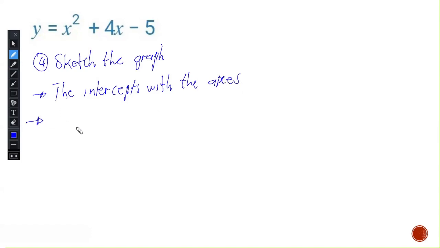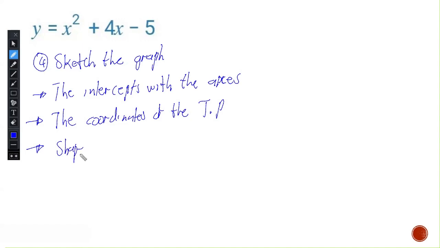They will also say you must show the coordinates of the turning point, and you must also know the shape. These are the things that are very necessary when sketching the graph: the intercepts with the axes, the coordinates of the turning point, and the shape.